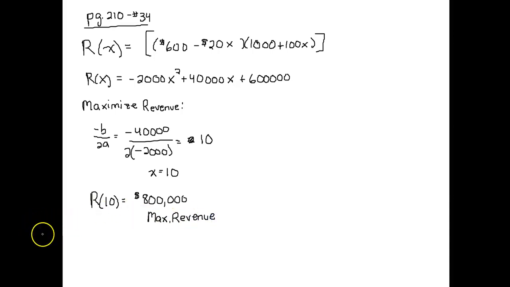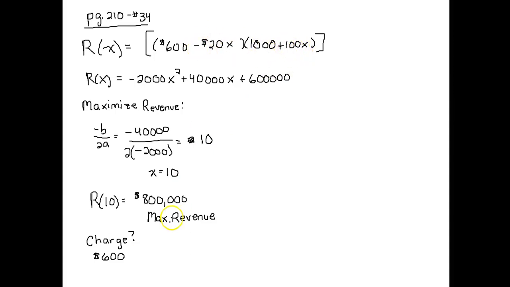And how much should they charge? Remember, they charge $600 per person for the first 1,000, for bringing in 1,000. But this is saying they're going to bring in 10 groups of 100 more than that.